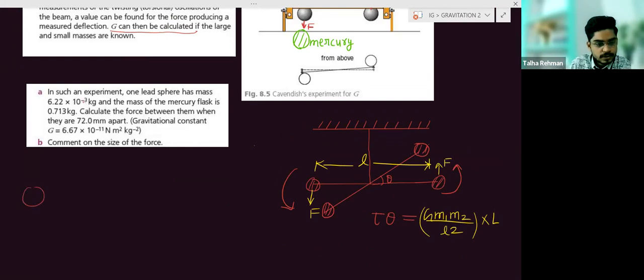So this is the lead sphere, having a mass of 6.22 into 10 to the power minus 3 kg. A small mass is there.